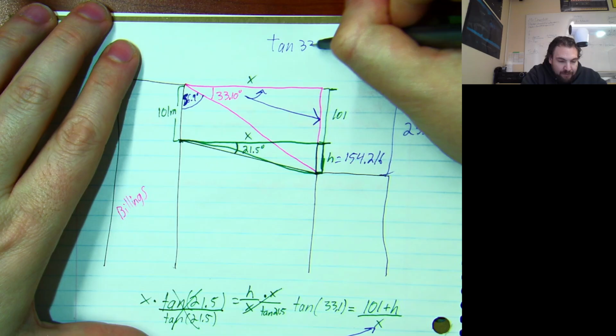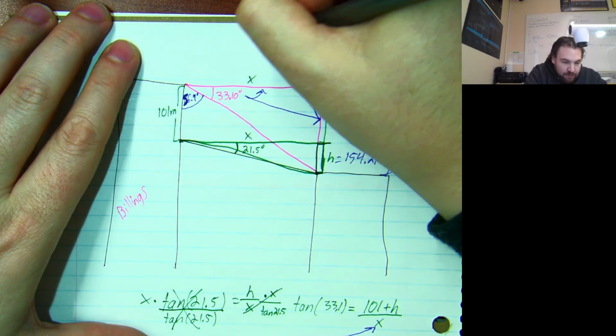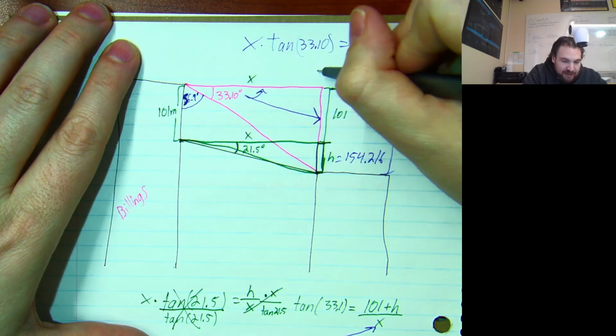I multiply x on both sides. I divide down the tan. I'm going to get x equals 255.216 over the tan of 33.10, and we desperately hope we get 392.